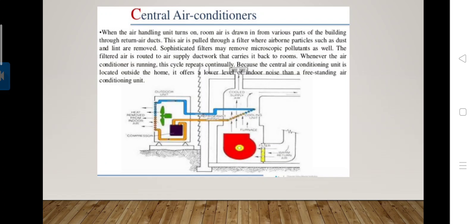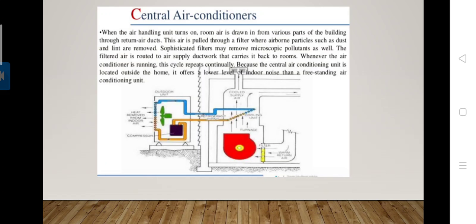In the indirect expansion type, chilled water or brine is circulated through the cooling coil located in the air handling unit to cool the room. The chiller in the chiller package and the cooling coil in the air handling unit are connected by chilled water or brine pipes and a pump.